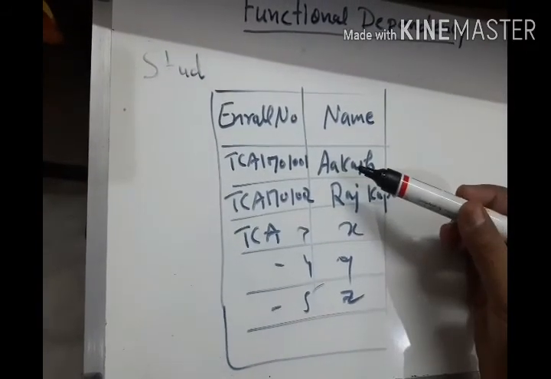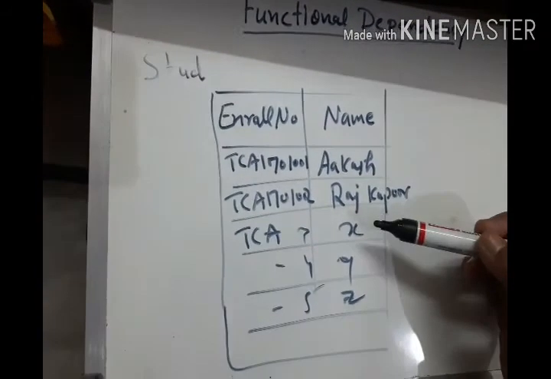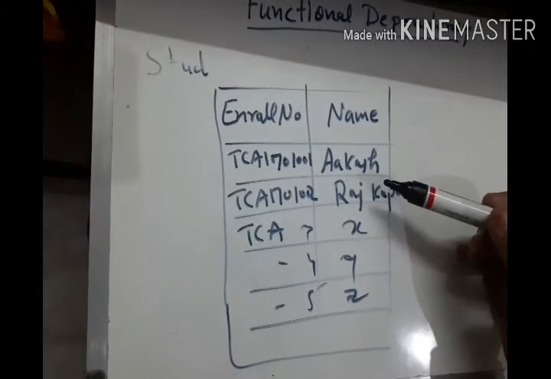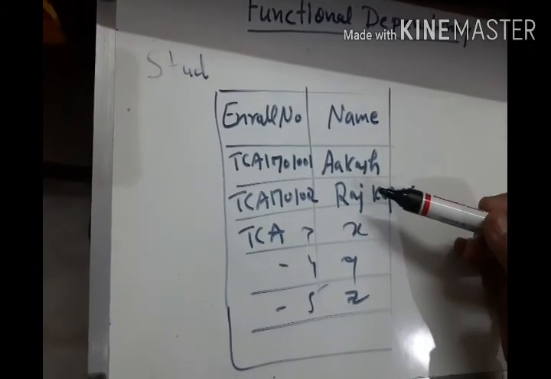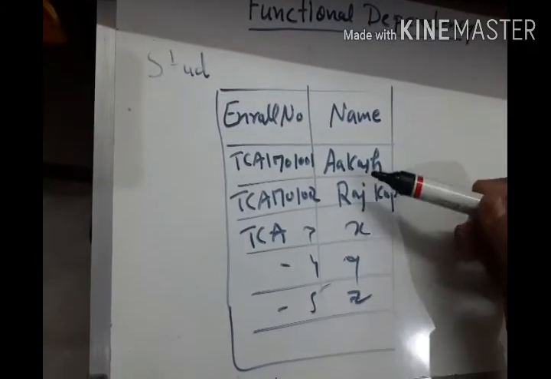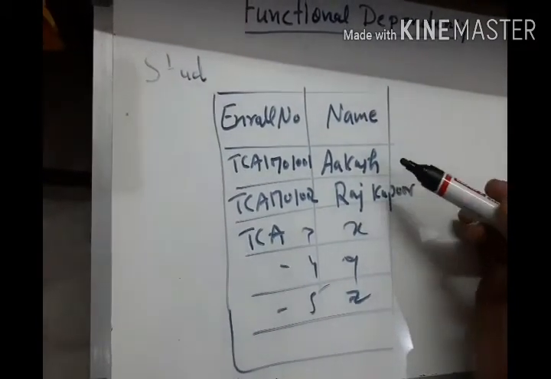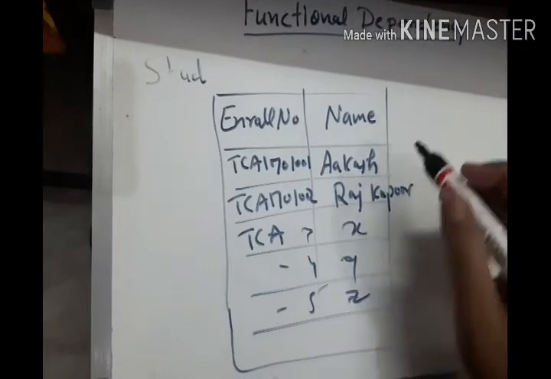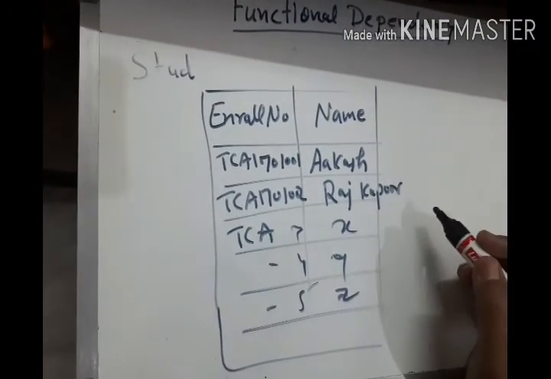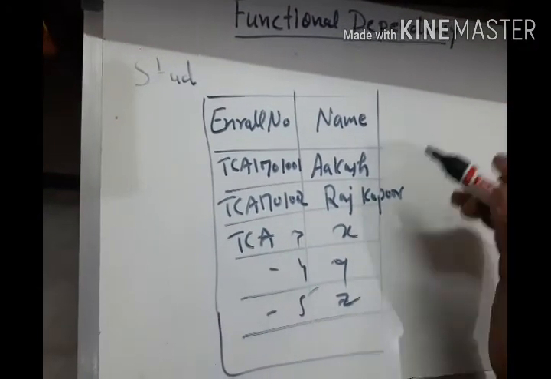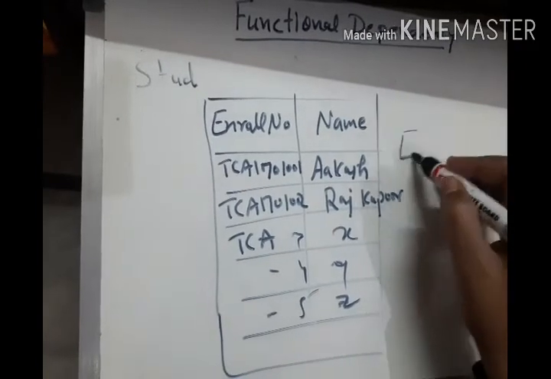So there might be a violation of the primary key, because a primary key or candidate key should be unique.